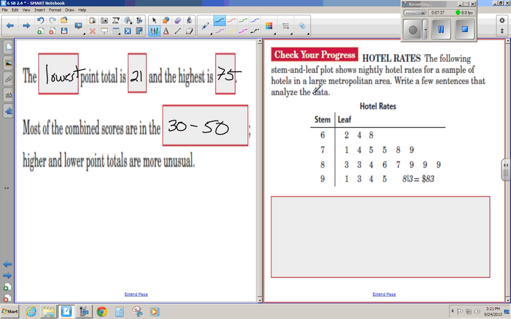All right, let's read this now. The following stem and leaf plot shows nightly hotel rates for a sample of hotels in a large metropolitan area. Write a few sentences that analyze the data.